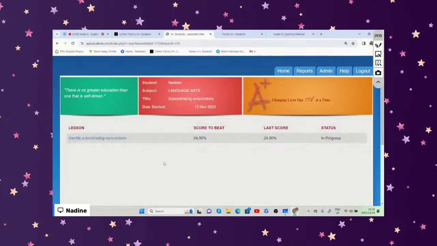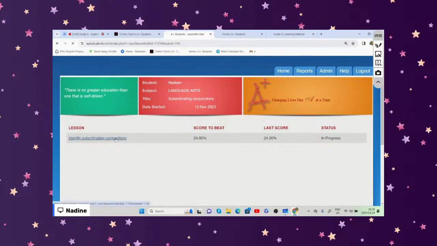So far we have identified subordinating conjunctions, right? And we said a subordinating conjunction basically joins an independent clause and a dependent clause, right? And the words that are used to join these two clauses are subordinating conjunctions.